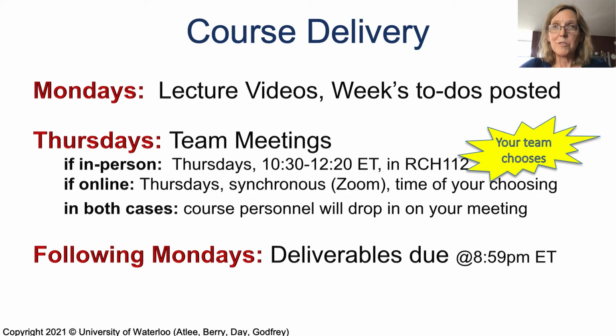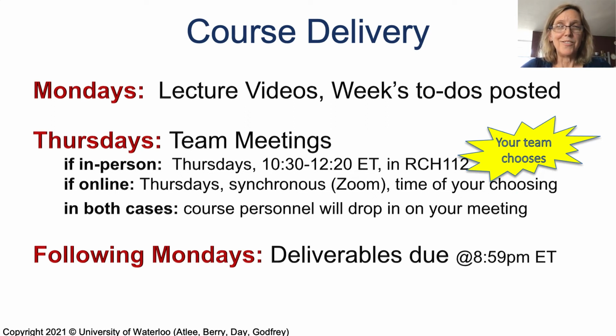If your team wants to meet in person, then we'll meet at the time listed in the university's course schedule. So that's Thursdays, 10:30 a.m. to 12:20 p.m. in room RCH 112. If your team wants to meet online, then your team will designate a regular Thursday meeting time for the term, either in the afternoon or the evening, and you will provide a Zoom link that I and your project TA will use to join your meeting.